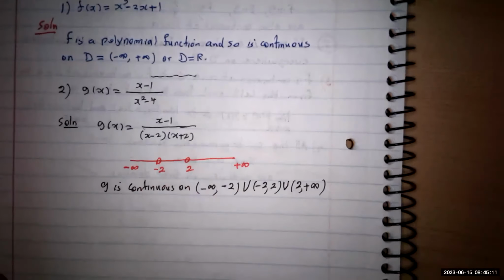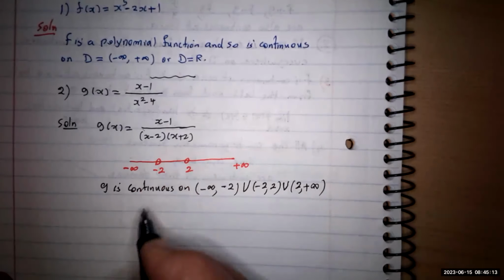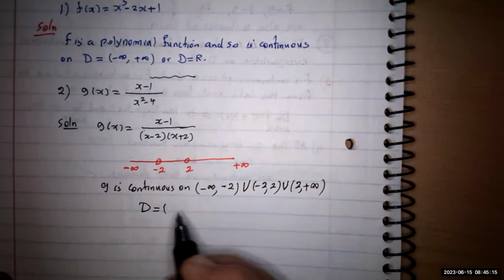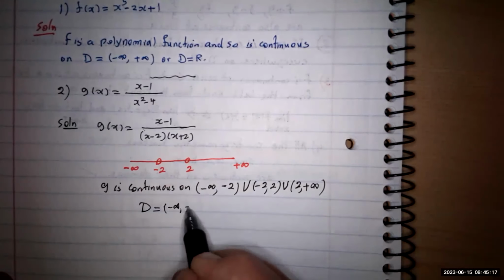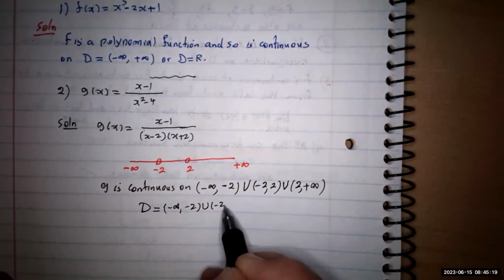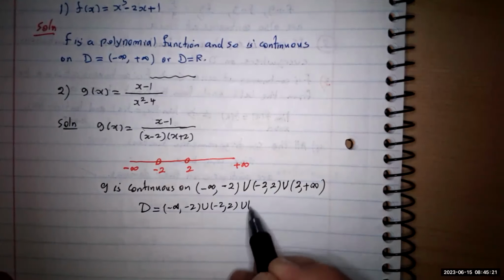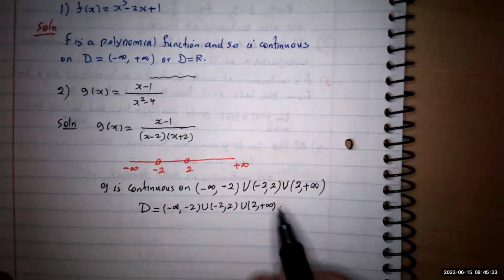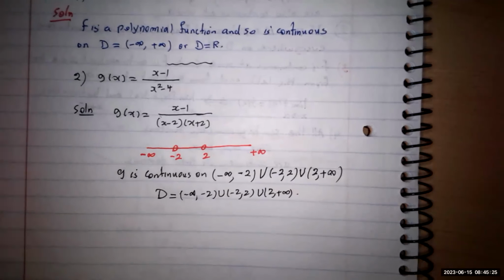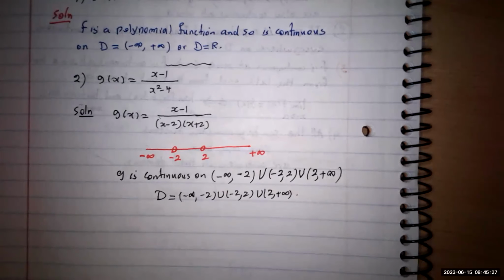So this is just the domain of the function. The only difficulty for this function is when the denominator is equal to 0. So it's like the domain as you did it before. Any question?